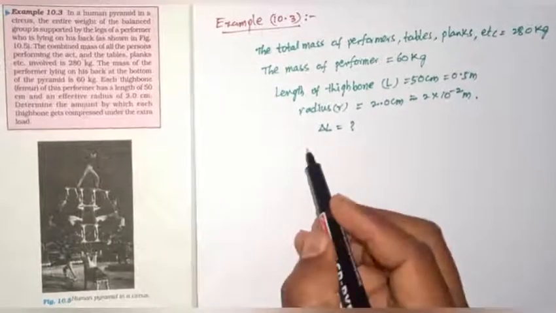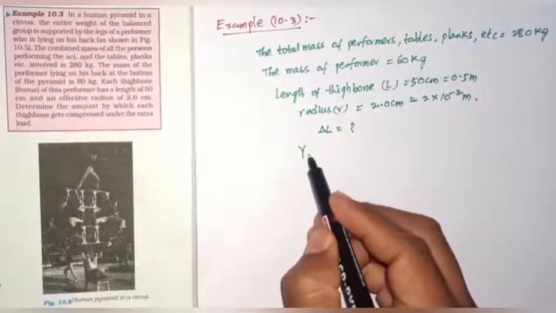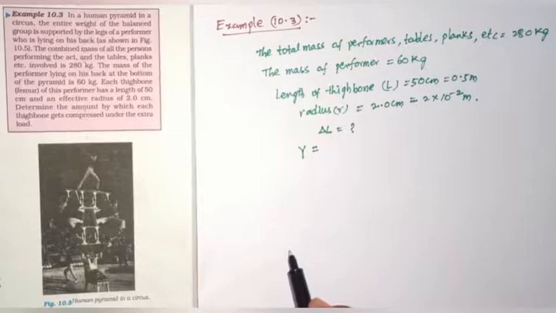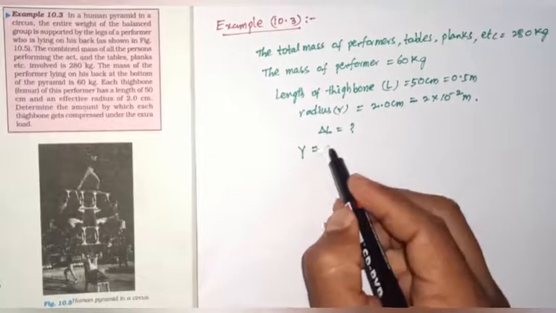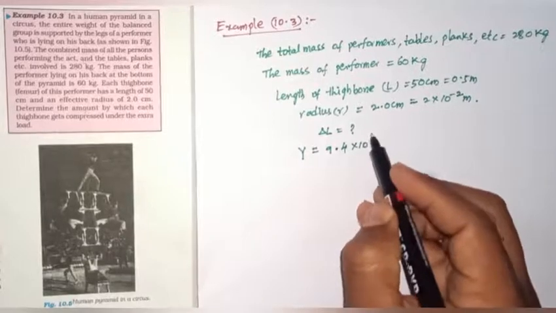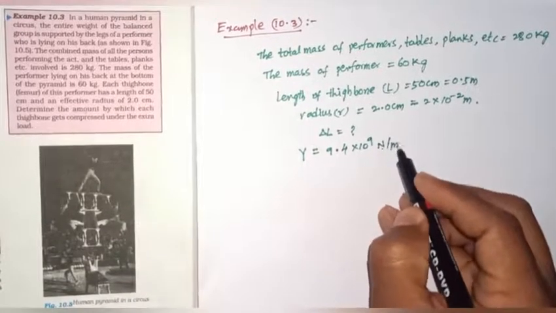From the table, Young's modulus of bone when it is compressed is 9.4 into 10 to the power of 9 newton per meter square.